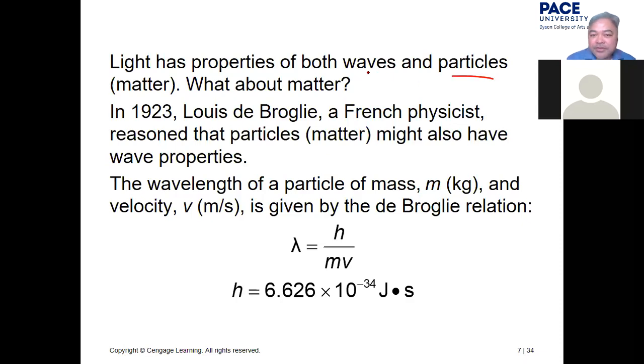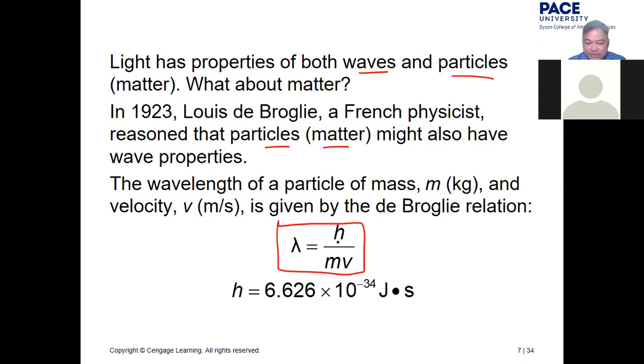But he said it's possible that matter can also have wave properties. So Louis de Broglie reasoned that particles or matter can also have wave properties, and he came up with the formula wherein the wavelength of a particle of mass and velocity is given here.